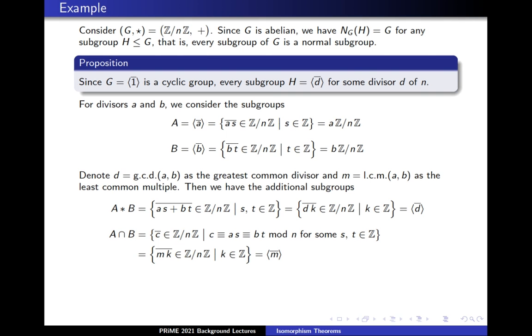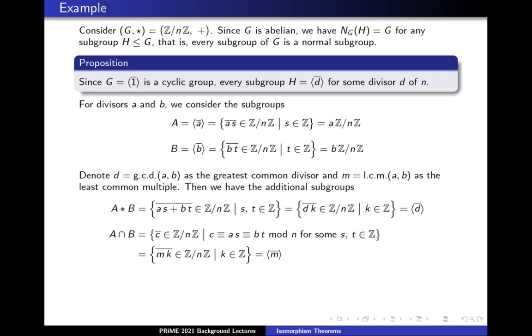Then we can look at the subgroup A star B. So this will be the set of AS plus BT bar in Z mod NZ, where S and T are in Z. This will be equal to DK bar in Z mod NZ, where K is an integer. And this is equal to the subgroup generated by D bar.